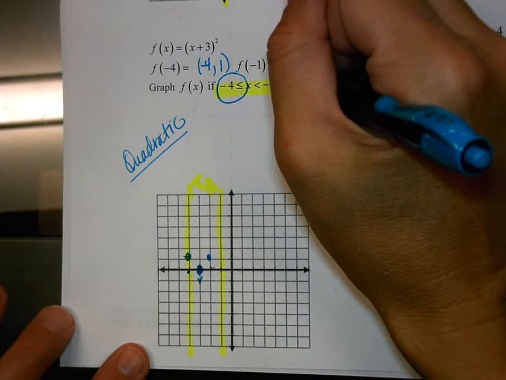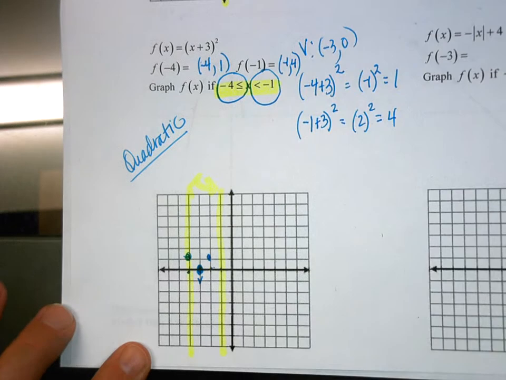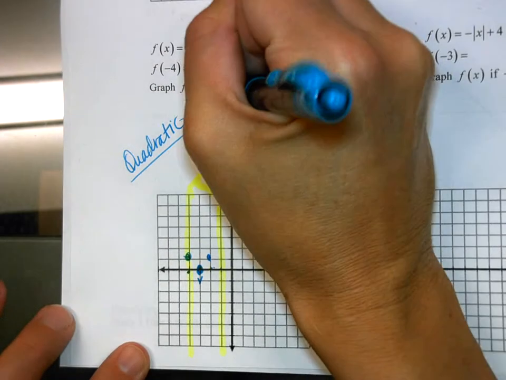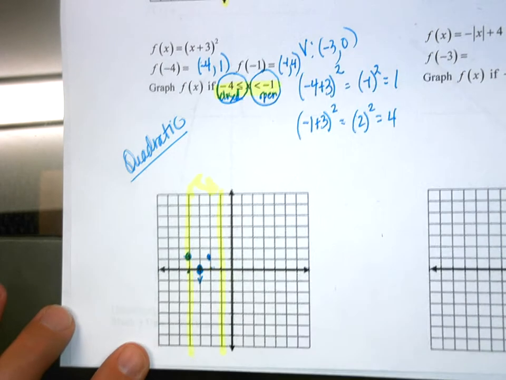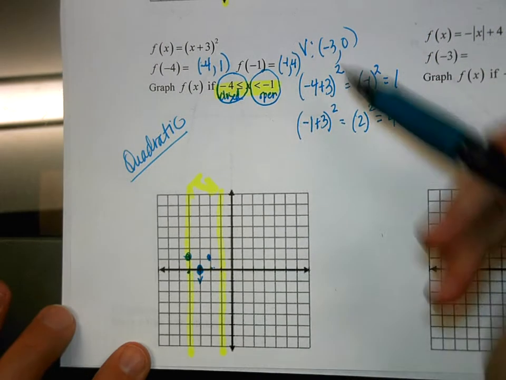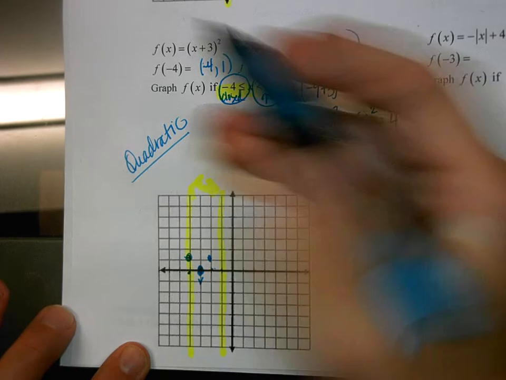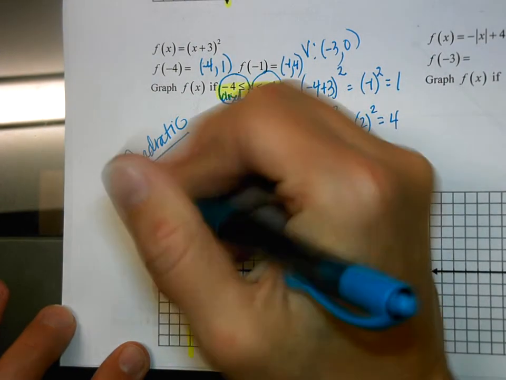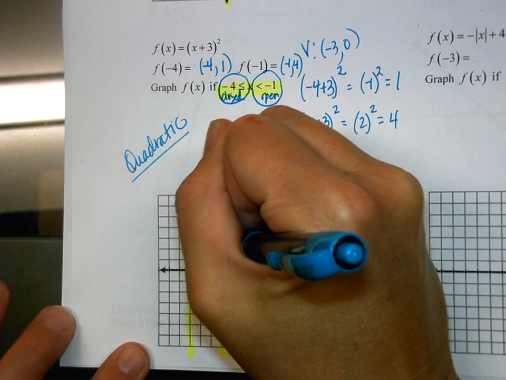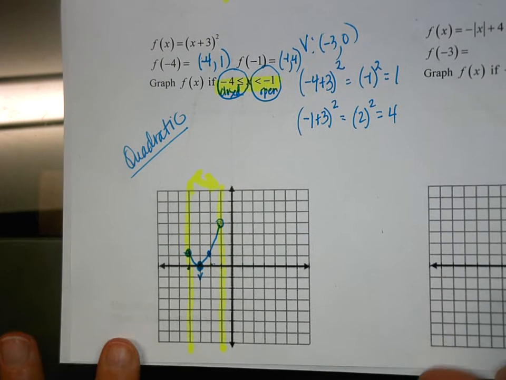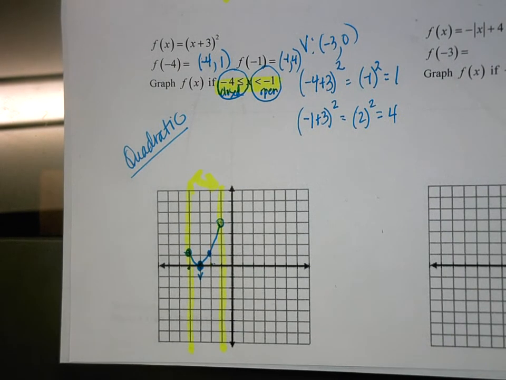At -1, will it be an open or a closed circle? Open. So I'm going to write open here. We'll write closed here just to remind you how I'm doing it. So we go -1 up 1, 2, 3, 4, and this is an open circle. And then we can draw our curve, staying within those restrictions. Do you want to ask me any questions?